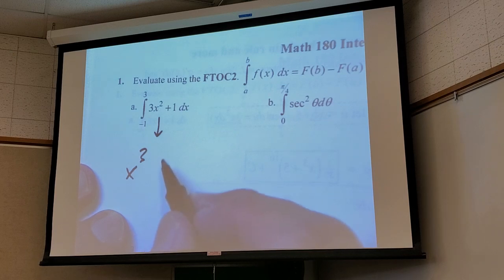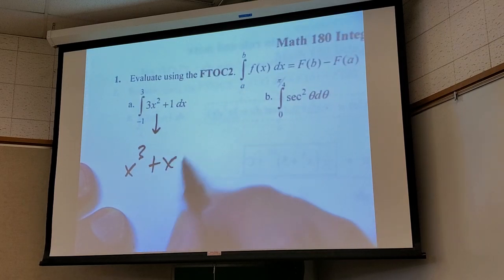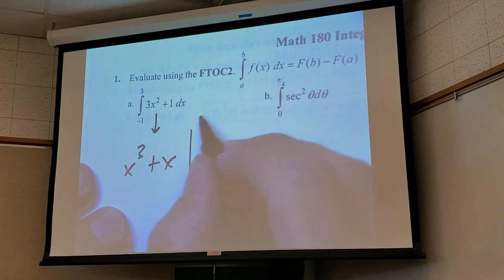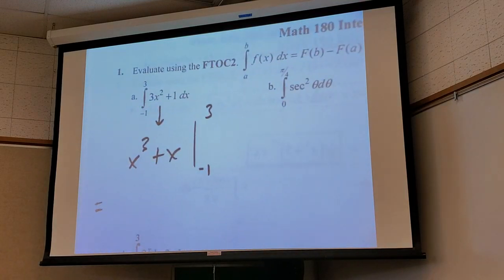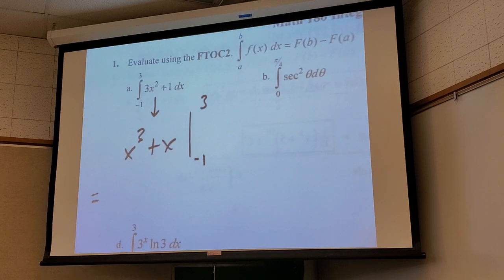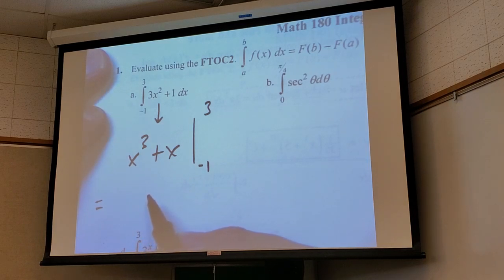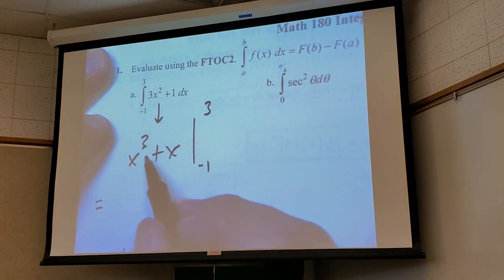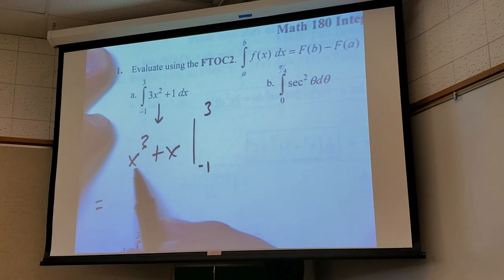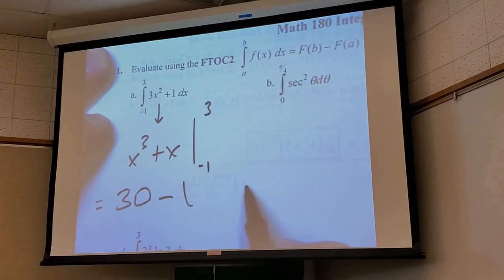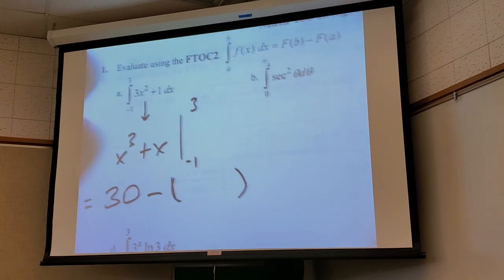X cubed plus X evaluated from -1 to 3. So when you throw a 3 in there, you get, careful, cubed, right? 27 plus 3, 30. Minus, now here's one little thing, you guys see this? It's got to be f of b minus f of a, right?